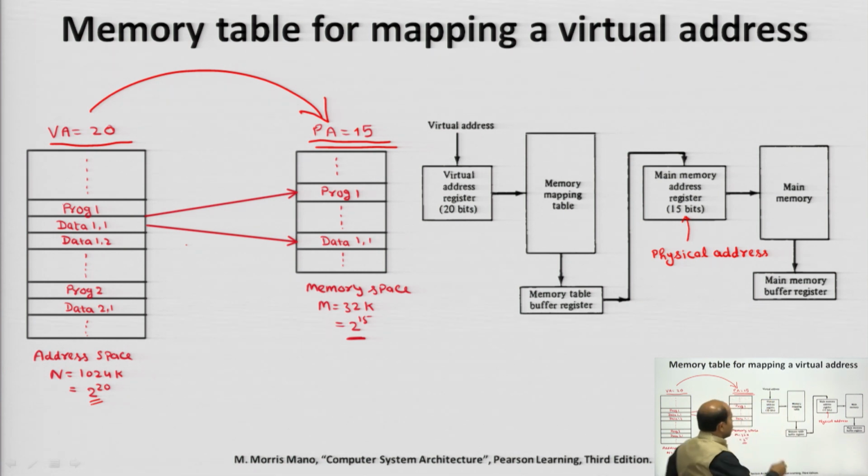The 20-bit address is given as input to this table, and this table will provide the 15-bit physical address. So, the mapping table simply maps the 20-bit virtual address to a 15-bit physical address. We provide the input to this table, and it gives the physical address corresponding to that entry.